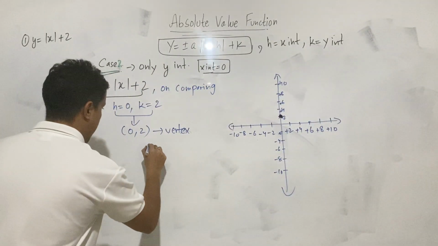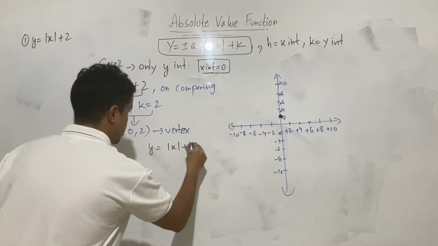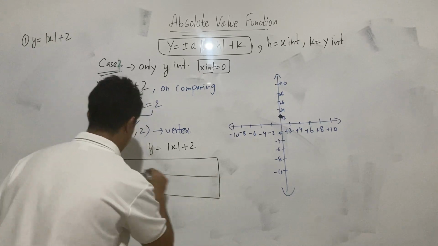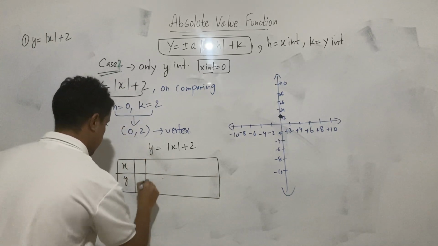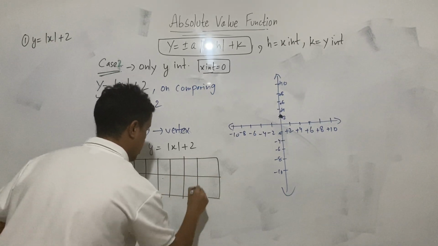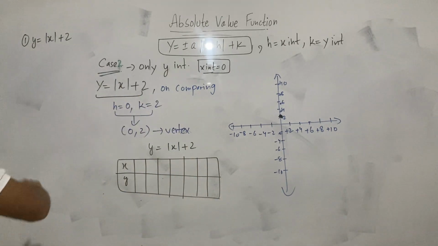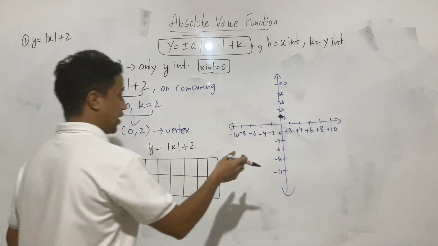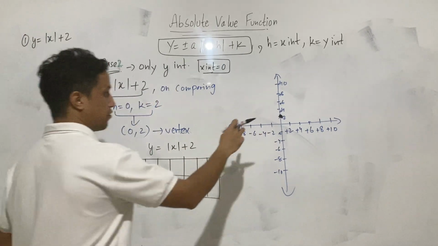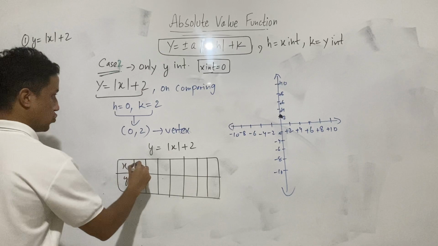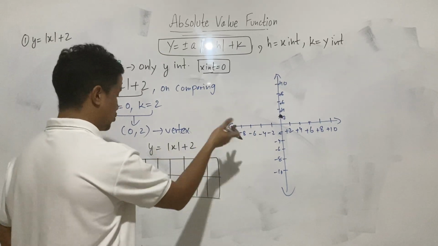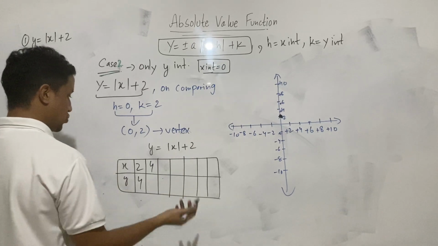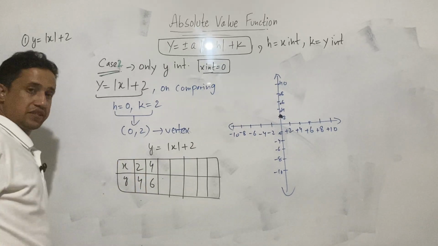Now let's do it. Y equals absolute x plus 2. Let's make the table, x and y. Here you can put any values. For example, for 0 it is 2. For 2, 2 plus 2 is 4. For 4, plus 2 is 6, right?